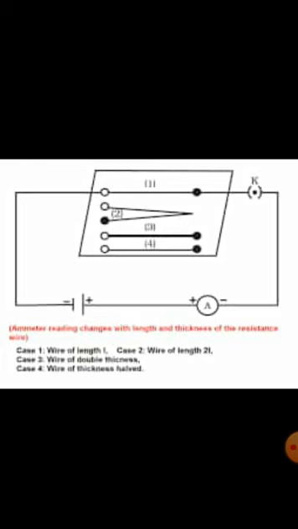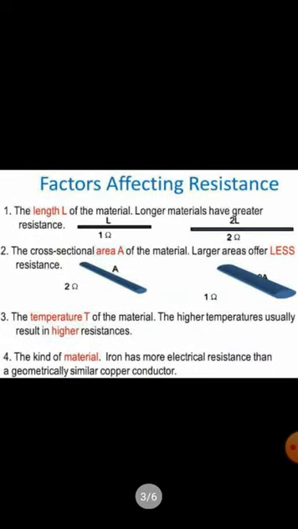The ammeter reading observed is noted down as I4. Now with these observations, we can learn about the factors affecting resistance.